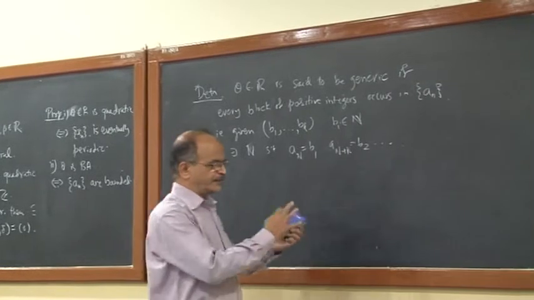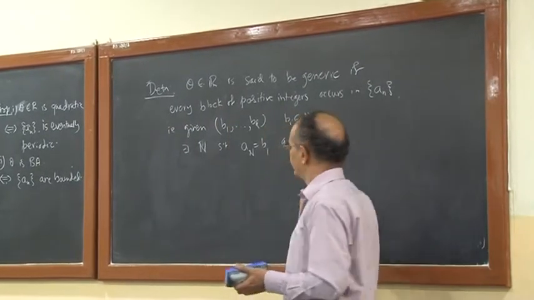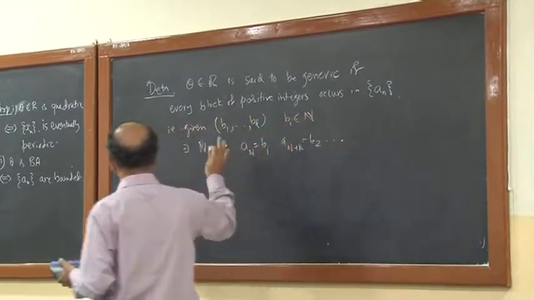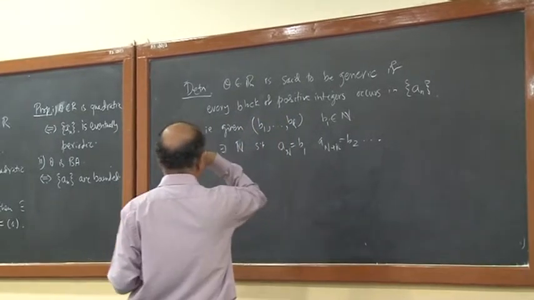So if every block occurs in the sequence an, then we call it generic.